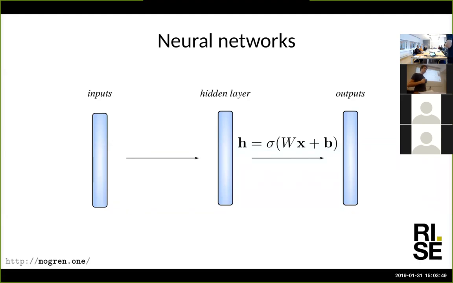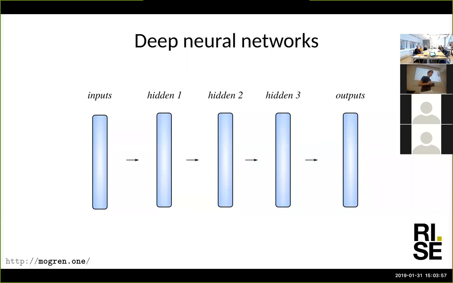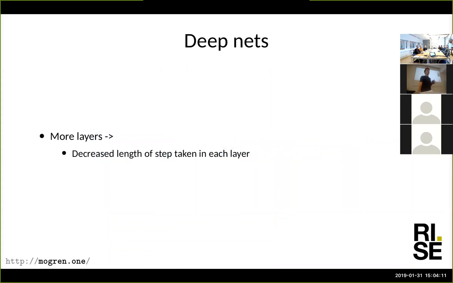Right. So what happens when we're making these deeper? Well, not much happens. We're adding more layers. We still have the same input. We still want the network to output the same output. But we're doing this in more steps, and we're doing less of a transformation in each step.